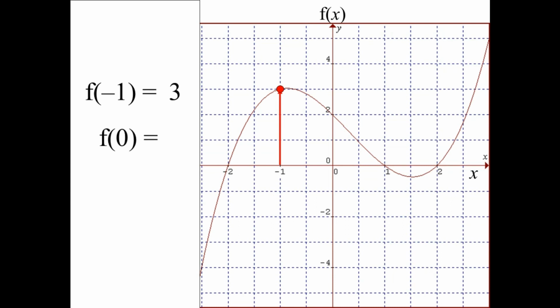F of 0, go to 0 on the x-axis, go to where the function is with an x value of 0, and we can see that it's at 2. So f of 0 is 2, and we can read this graph this way. F of 1, go to 1 on the x-axis, there it is. What's the y value there? It's 0.